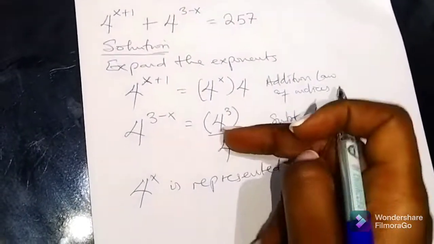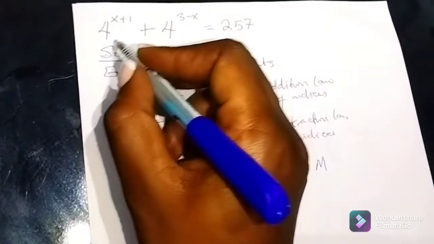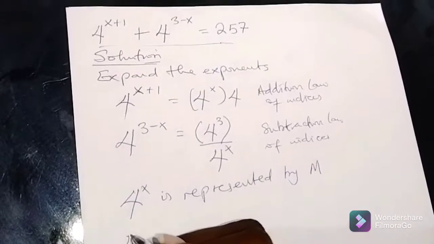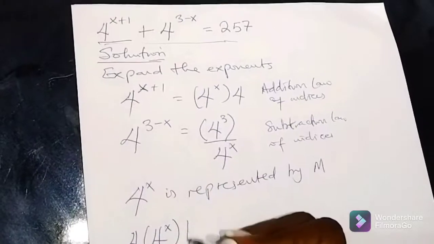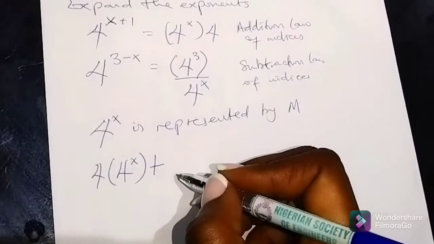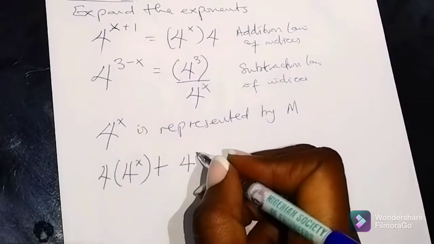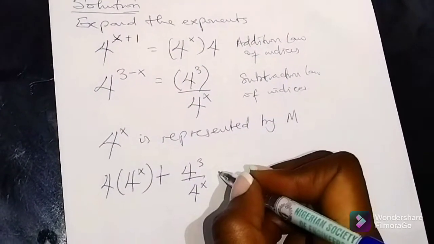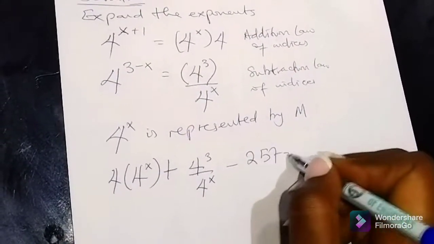First of all, we rearrange the equation. It becomes 4 times 4 raised to the power x, plus 4 raised to the power 3 over 4 raised to the power x, minus 257 equals 0.